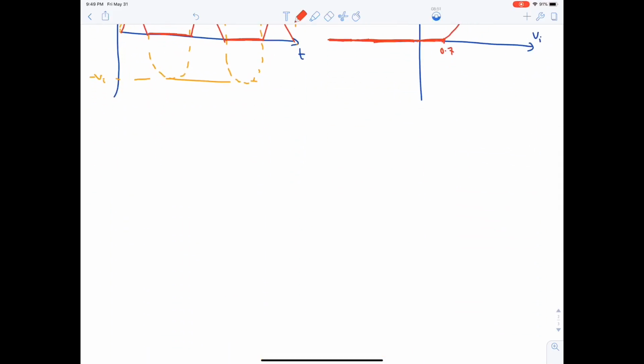First, what will happen if we are drawing an AC signal?